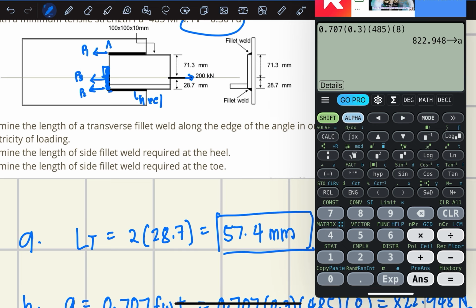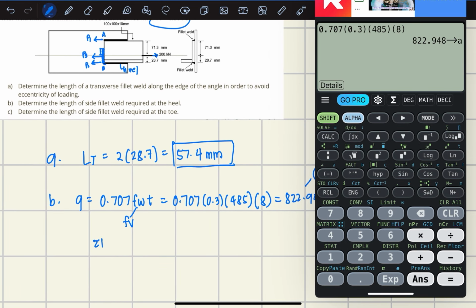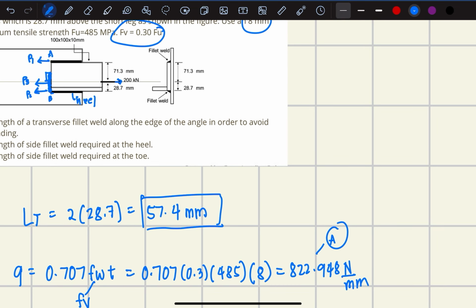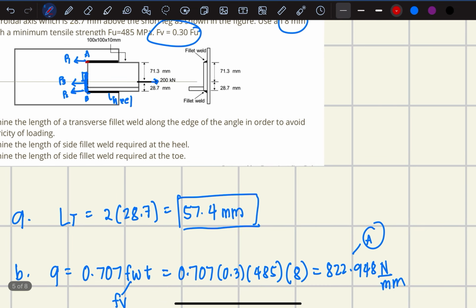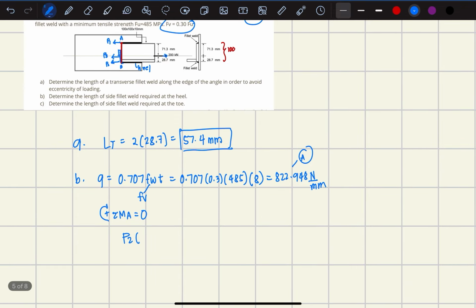Let's say this is side A, B. So, take moments at A equal to 0. We have here T2, which is the unknown, times its moment arm going to side A, which is equal to 171.3 plus 28.7, so 100.